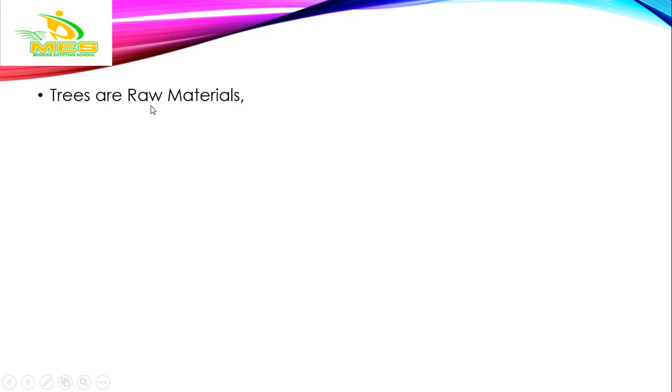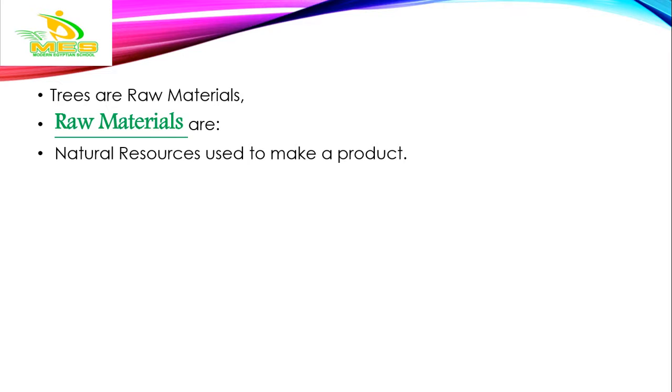Trees are raw materials. But what are raw materials? Raw materials are natural resources used to make a product. So the raw materials are the natural resources. Both of them are the same. So the tree is a raw material, also a natural resource. Okay?